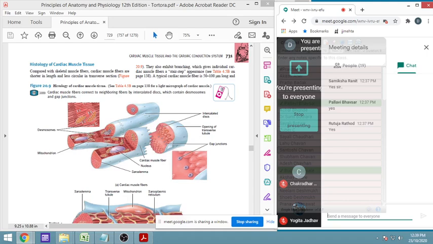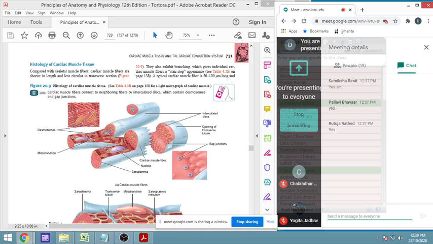For the intercalated disc, you have to go to the basic study of tissues, where you will find the various junctions between cells. A tissue is a group of cells having a similar function, one particular type of function.